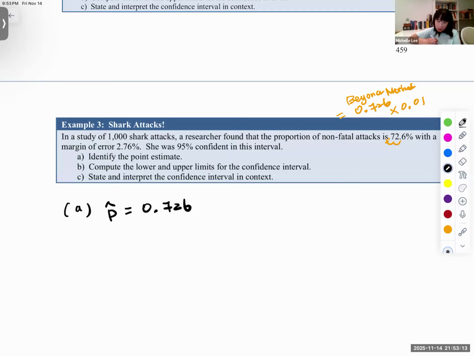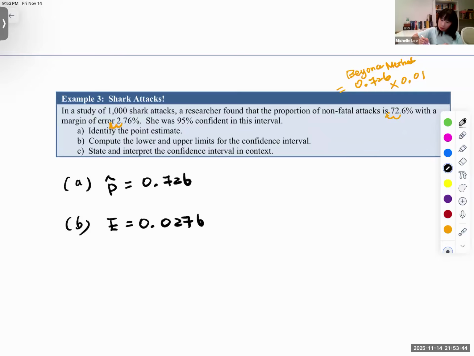Now the second one: compute the lower and upper limit. Once again, we have a percent, so move the decimal two places. The margin of error we get is 0.0276.